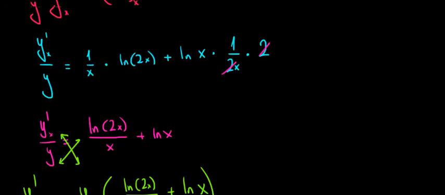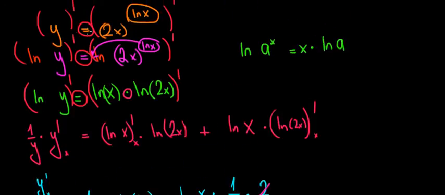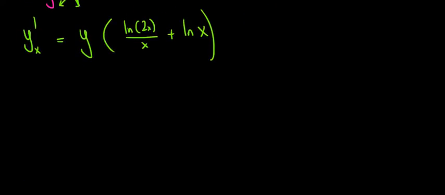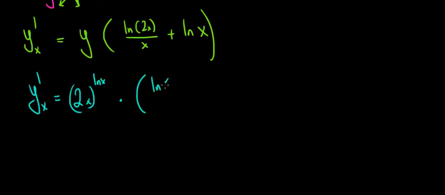Once again, going back, y was 2x to the power ln x. So let's substitute it. So we have y derivative with respect to x is equal to 2x to the power ln x times this fraction, ln of 2x divided by x plus ln of x.